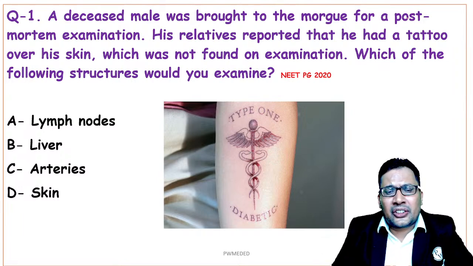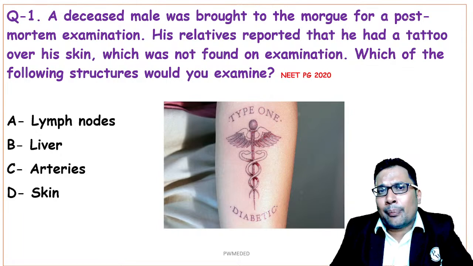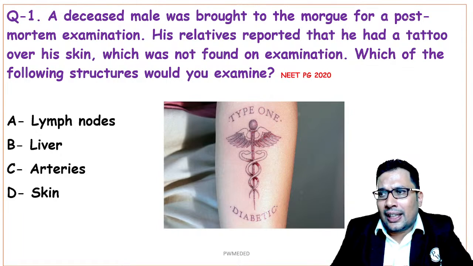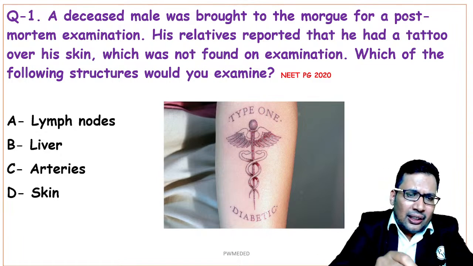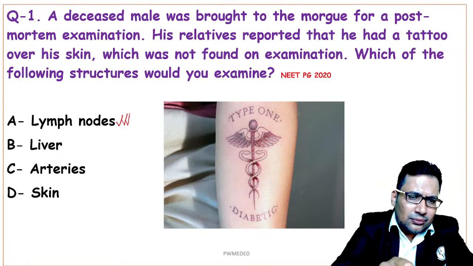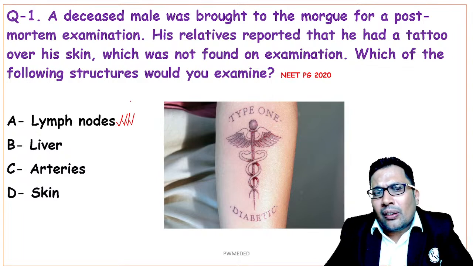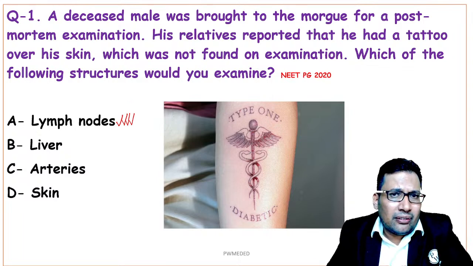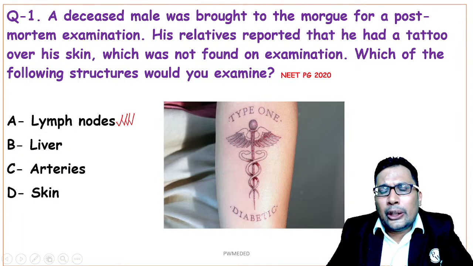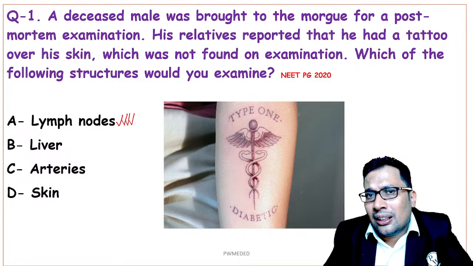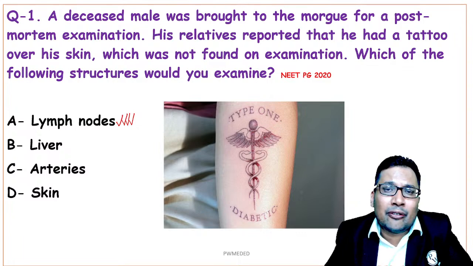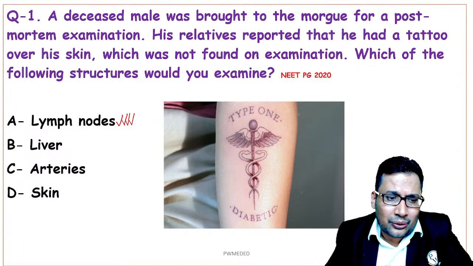Which of the following structures would you examine? The answer for this question is lymph node. Whenever a tattoo is not visible, you can dissect the lymph node and look for the tattoo in the lymph node, for example the axillary lymph node and other lymph nodes.